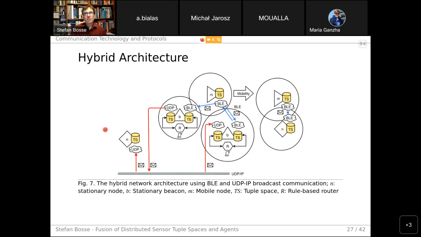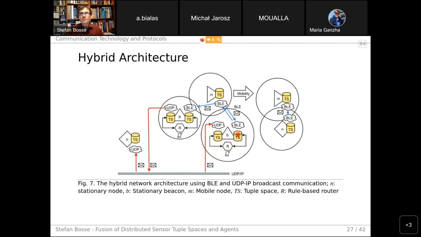Here the wired UDP network. Here the Bluetooth communication. If two devices are in communication range, they can exchange messages just by advertising. Each device has a tuple space, each communication device, and we have agents that forward and bridge the tuple spaces. And most of all, a mobile device like a smartphone can carry tuples to another special location. This is shown here. Yeah, for example, this beacon here got a data tuple.